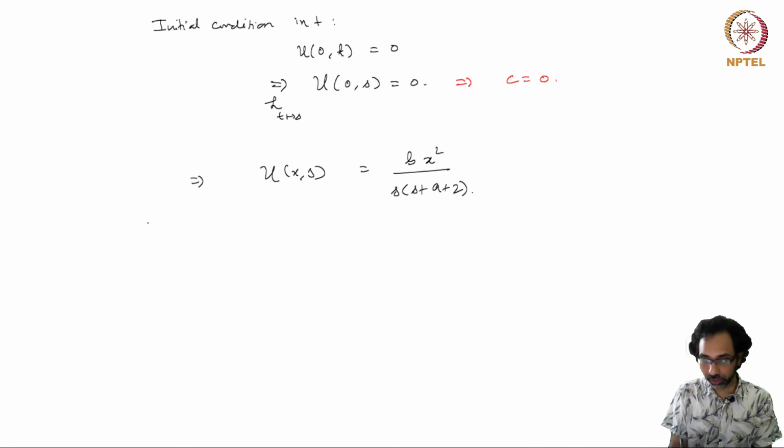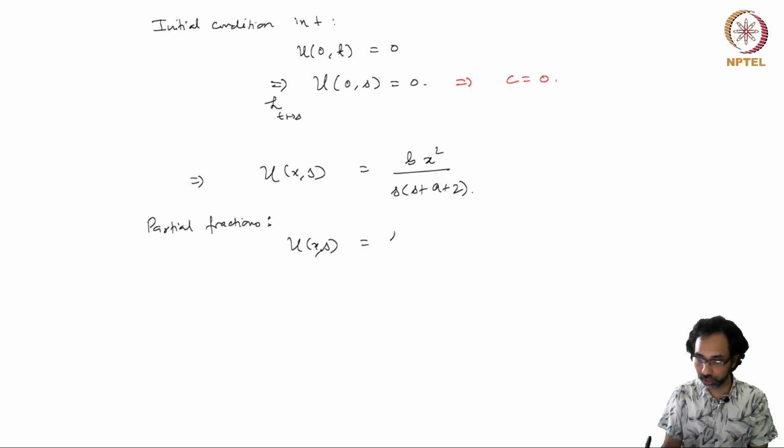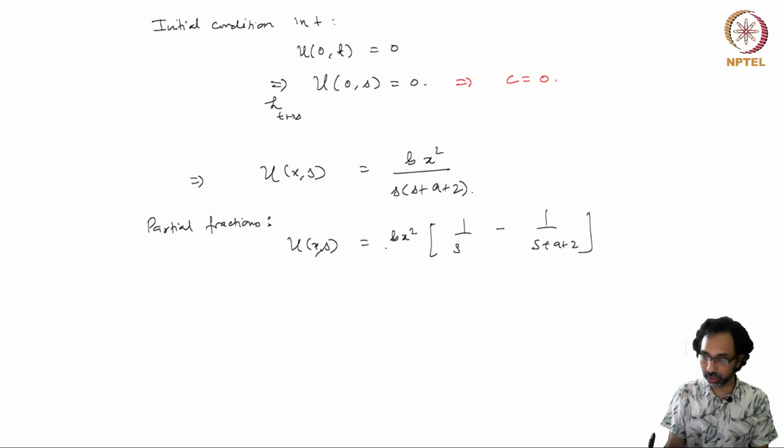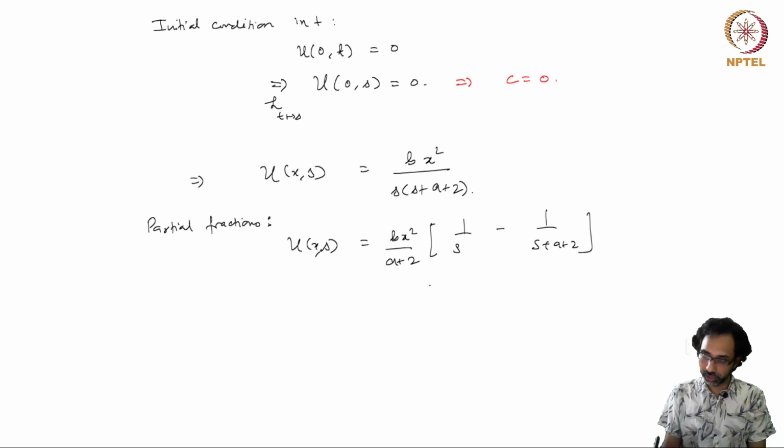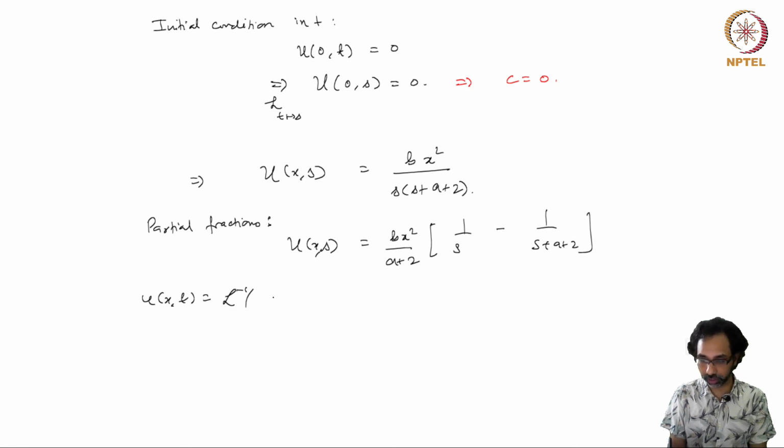Now we can use partial fractions to get the inverse Laplace transform. We get U(x,s) equals bx² times (1/s minus 1/(s+a+2)) divided by a+2. In this case a+2 and a+2 will cancel out, and you will get immediately 1 over s times (s+a+2). Now we can take the inverse Laplace transform, which will give you the solution u(x,t).